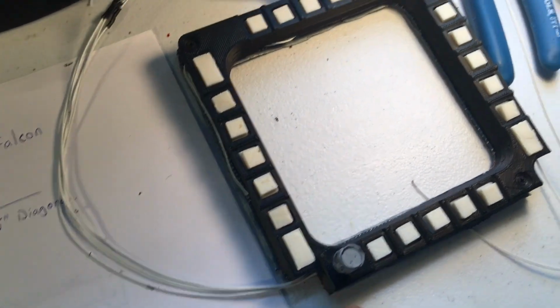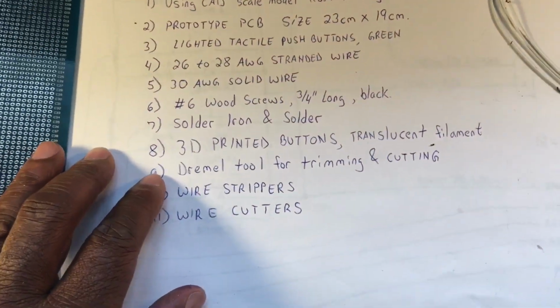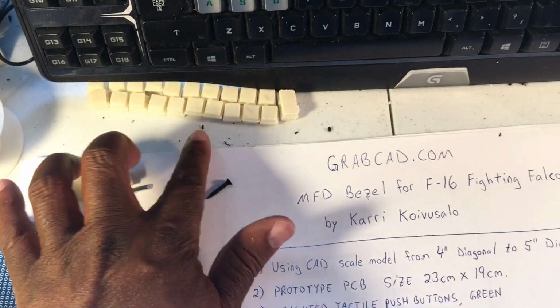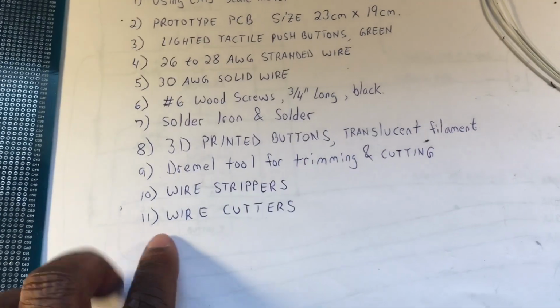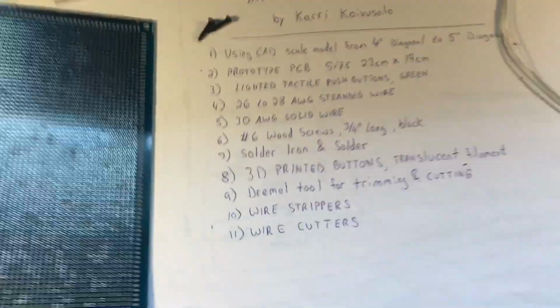Of course, we use some screws in the corner to hold the bezel to the printed circuit board. You'll need some solder. I printed some 3D buttons. Of course, your standard wire strippers and wire cutters, things like that.